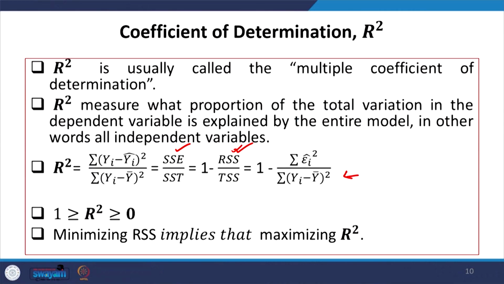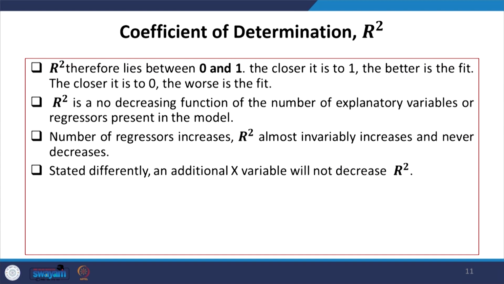So, minimizing RSS, the residual sum of square, implies maximizing the R square. That means, when this component is lesser, then 1 minus this one, so R square is going to be higher. So, R square therefore is between 0 and 1.